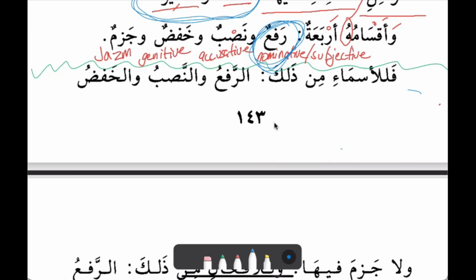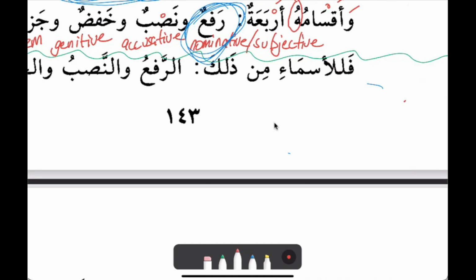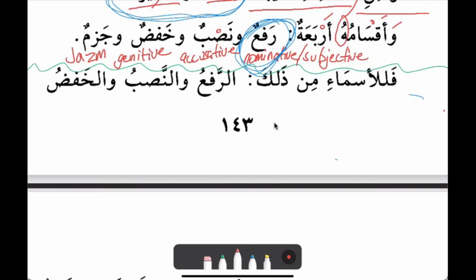So the author says, فَلِلْأَسْمَاءِ مِنْ ذَلِكَ.